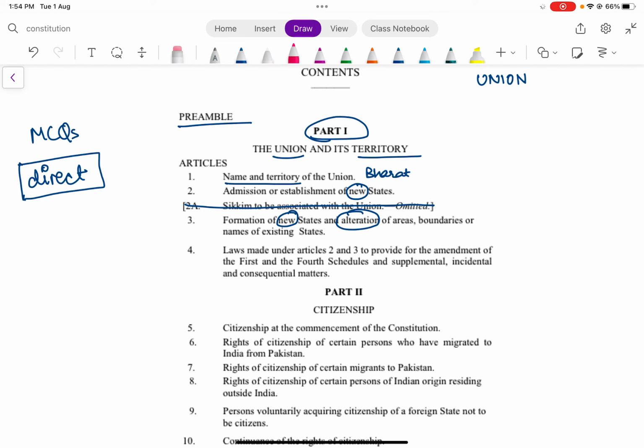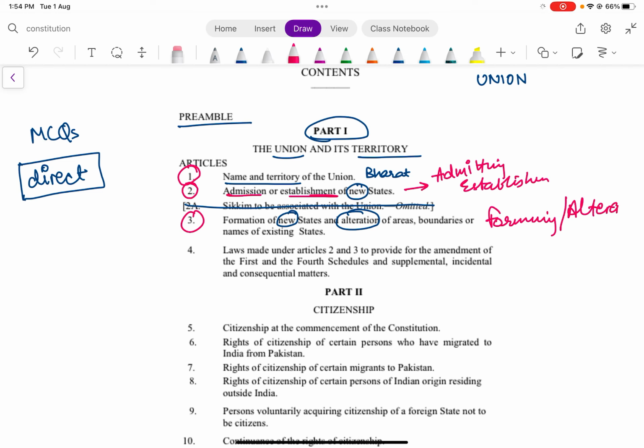Just remember, 1 is the name and territory of union, second is the admission and establishment. Under 2, we are admitting and establishing. But under 3, we are forming a new state, or we are altering any boundary, like Telangana was formed recently, or we are changing names.